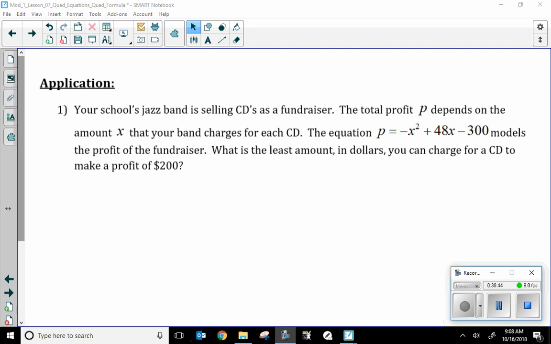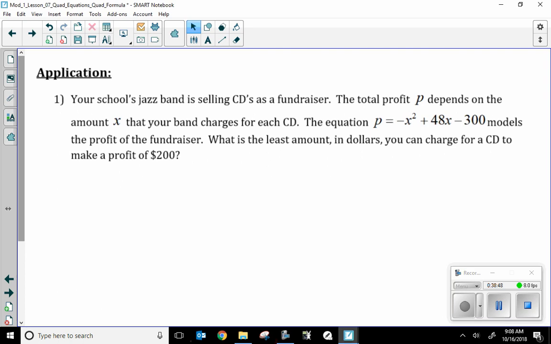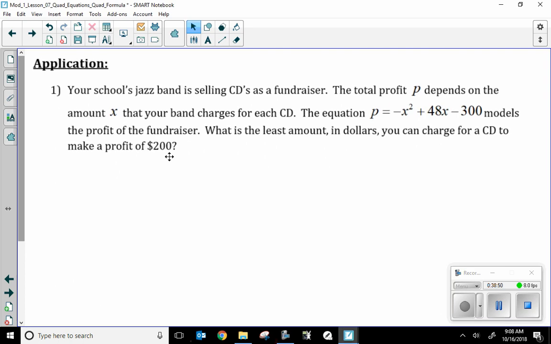So let's just make things work for you by giving you a word problem. An application. Your school's jazz band is selling CDs as a fundraiser. The total profit, which we're going to call P, depends on the amount x that your band charges for each CD.